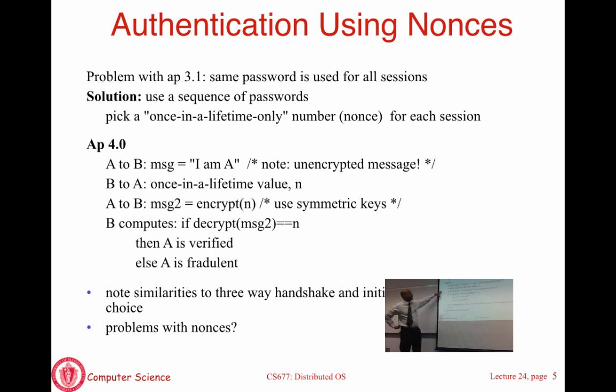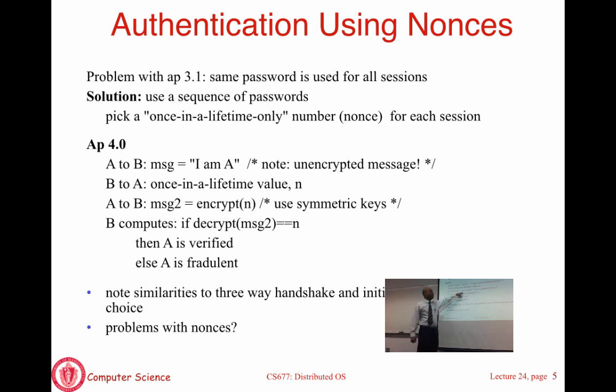So the protocol now is: Alice is going to send a message to Bob saying I'm Alice. This is unencrypted, doesn't matter. Bob is going to generate a once in a lifetime integer called n. This is our nonce. So you'll say here's an integer, and that's going to go to Alice.